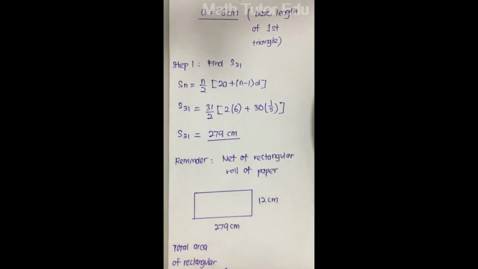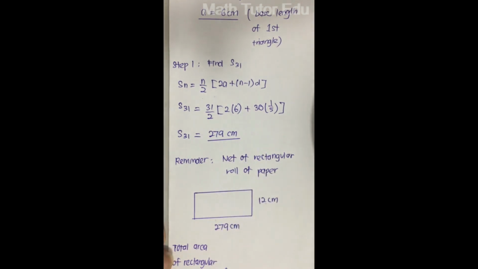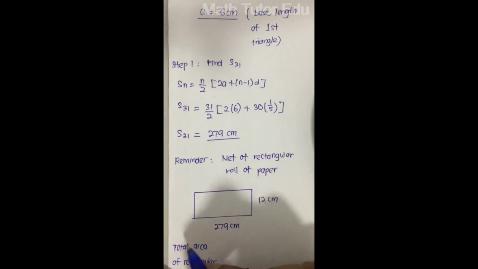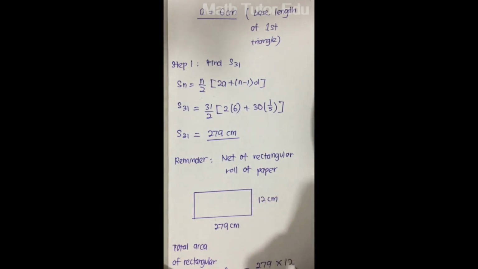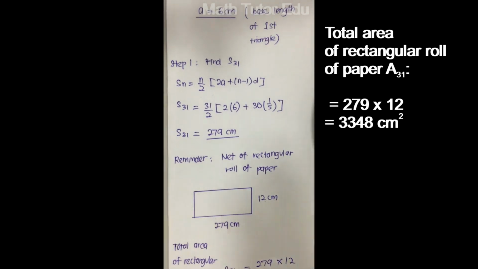Because it forms 31 triangles, guys, within this rectangle. So the total area of the rectangular roll of paper A31 is equal to length times width, in this case 279 times 12. You should get your answer, which is 3348 centimeters square.